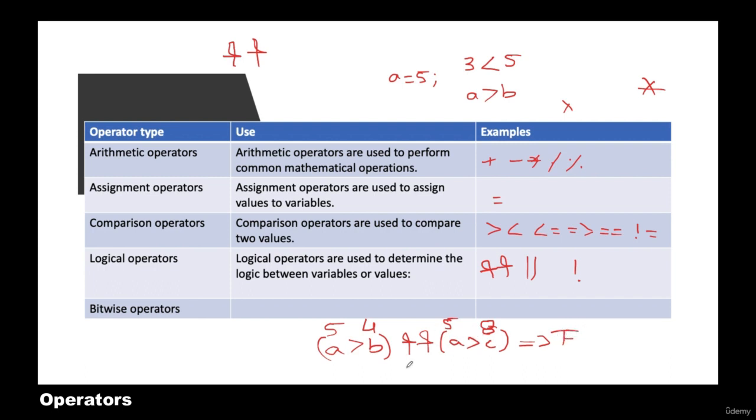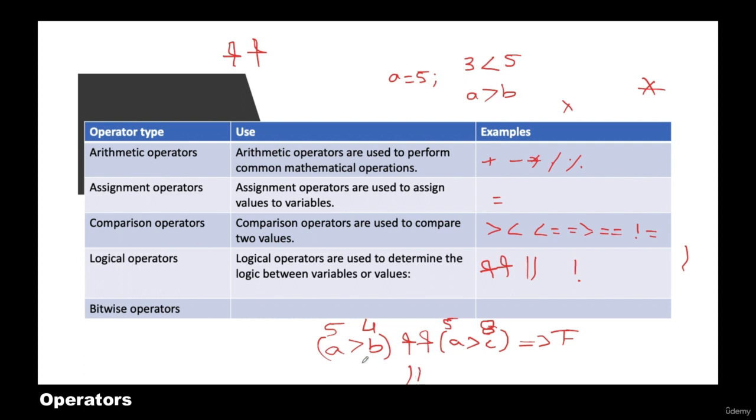Similarly, we have the OR operator. The OR operator is two pipe symbols on the keyboard. You will be able to see a straight line symbol on the keyboard. My straight line is not working well because of the pen I am using, but anyway, that straight line is called the OR operator. If we use two straight lines, that's called an OR operator. We use the OR operator to check conditions.